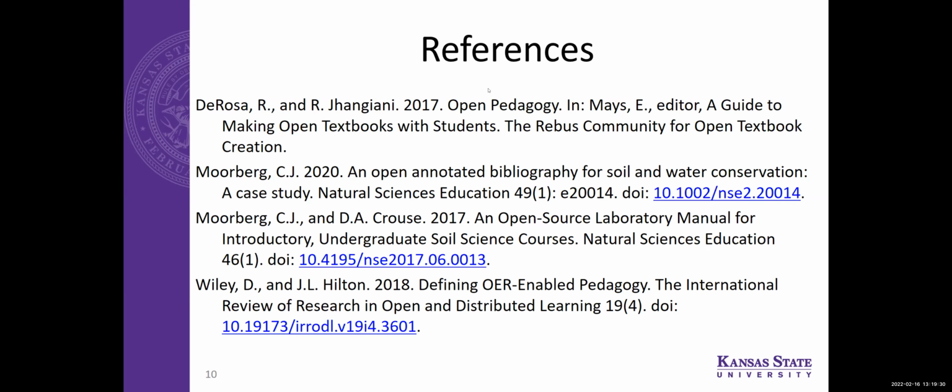Great. And somebody also asked, did you use any of the library resources or librarians in doing the annotated bibliography? Yeah, actually the idea for the annotated bibliography came from a discussion with several of the librarians here at K-State, at our Center for the Advancement of Digital Scholarship.